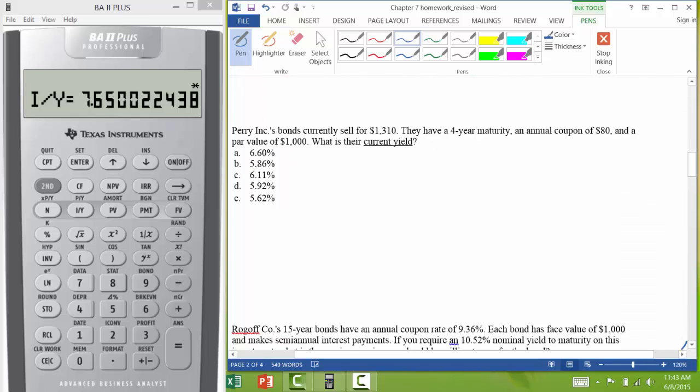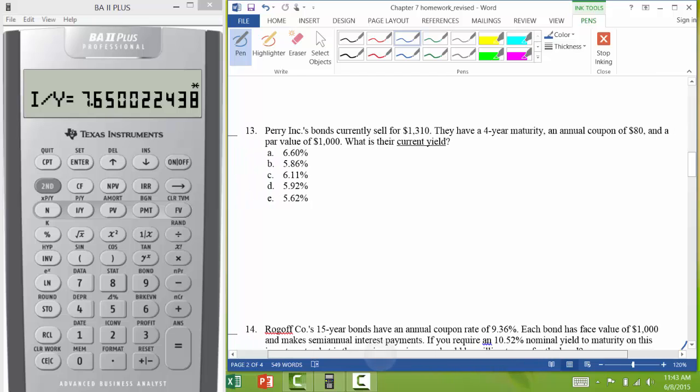The next question, we've got Perry's Inc.'s bonds currently sell for $1,310. They have a 4-year maturity, an annual coupon of $80, and a par value of $1,000. What's the current yield? So current yield is a very short equation.